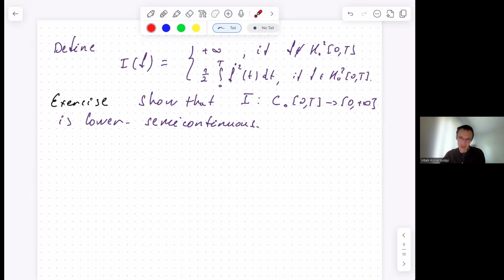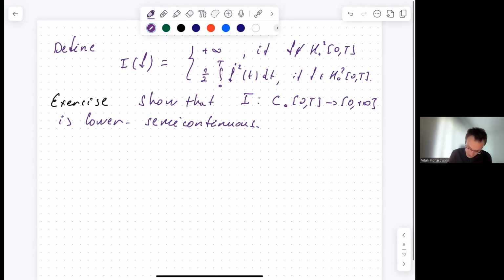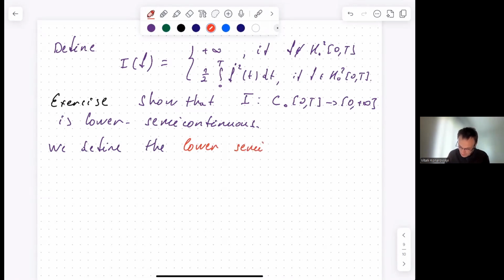And to build such a function, we will need to do some type of lower semi-continuous regularization. And let's define it here.